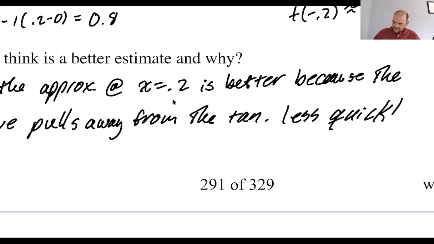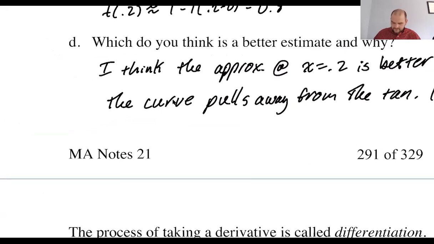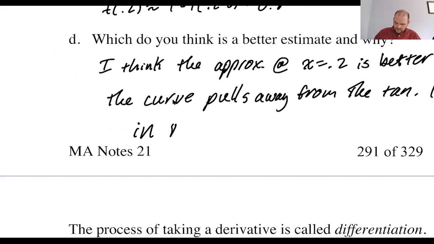So this is not a rigorous formal thing, but I think it's good enough.